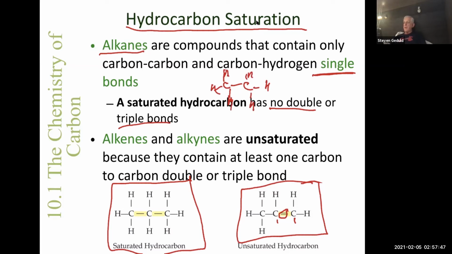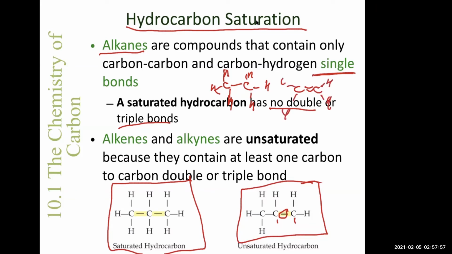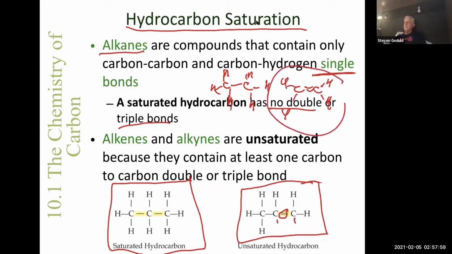Now, if that carbon had a double bond, how many hydrogens would you have now? 4, because we have 1 here, 1 here, 1 here, 1 here. So you do not have as many as you possibly could. So this is saturated with hydrogens. This is unsaturated because you don't have as many hydrogens as is possible because of the double bond, or a triple bond would do the same thing.